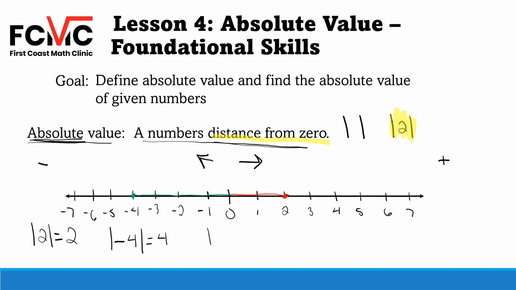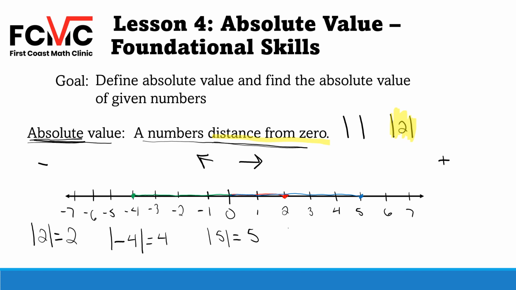What about 5? So let's do this in blue. So 5 is 1, 2, 3, 4, 5 units away from 0. So the absolute value of 5 is going to be 5.